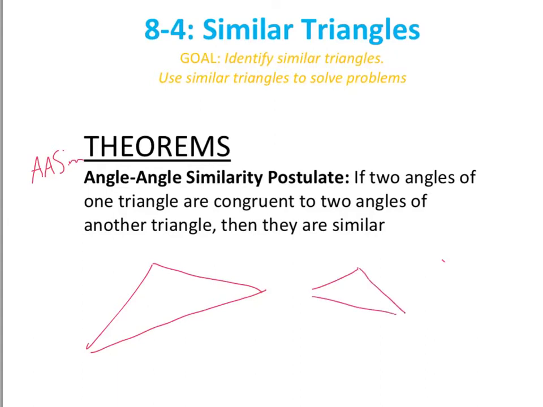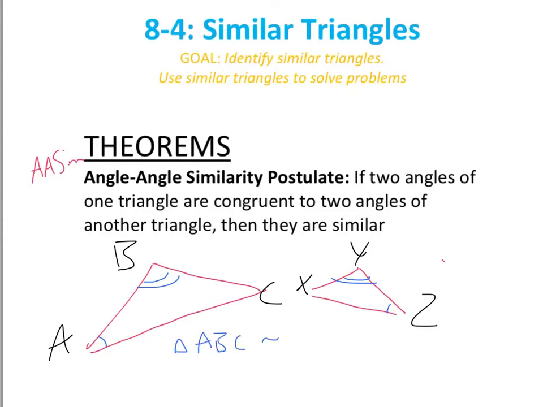If I tell you, or you're able to prove somehow that this angle is congruent to this angle, and let's say that this angle is congruent to this angle, then you can automatically tell me that these triangles are similar to each other. So let's call this one ABC and this one XYZ. All right, that tells me that, for sure, without a doubt, triangle ABC is similar to triangle ZYX. Okay, remember they got to be in the same order, just like we did with congruent triangles.